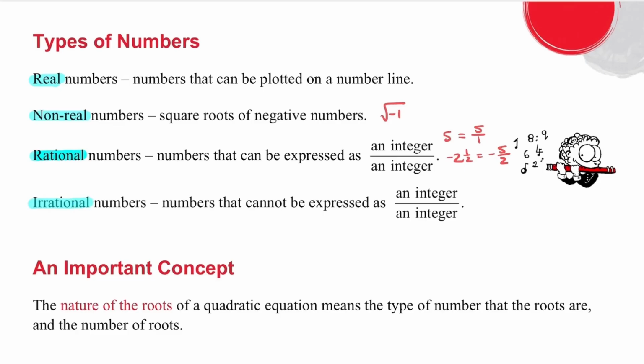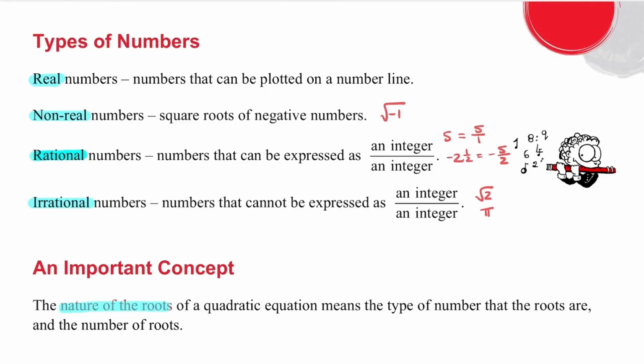An irrational number is a number that cannot be expressed as an integer over an integer. So something like the square root of 2 or pi. So it's very important that you know real and non-real numbers and rational and irrational numbers.